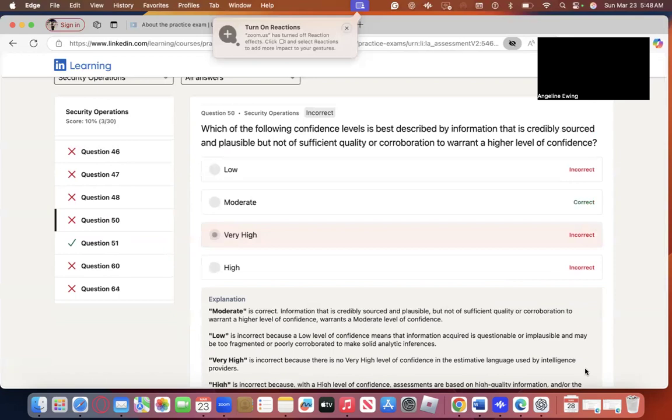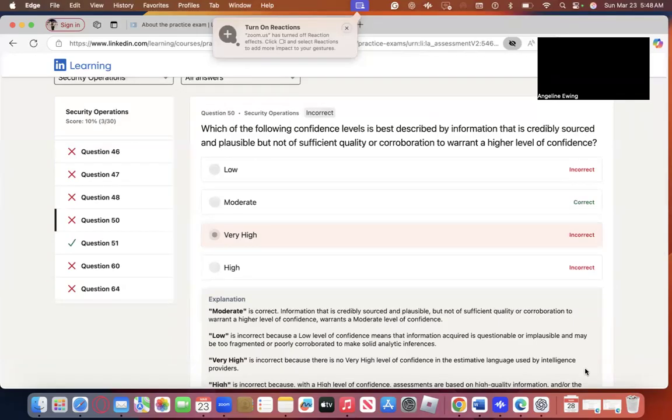Which of the following confidence levels is best described by information that is credibly sourced and plausible but not of sufficient quality or corroborated to warrant a higher level of confidence? That would be moderate. Moderate is correct.